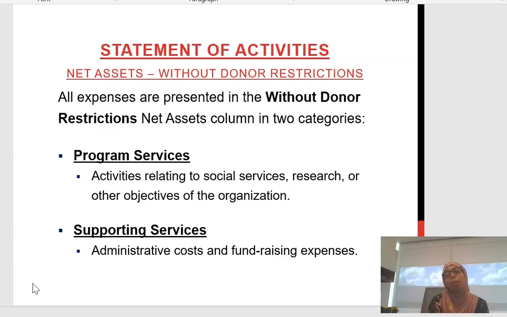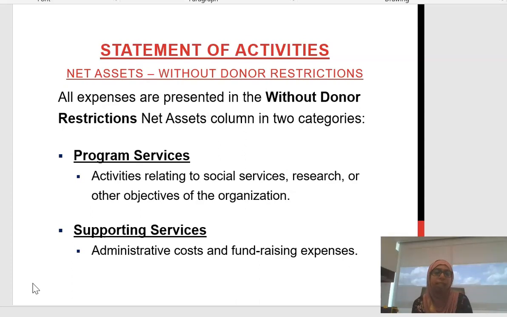On the other hand, supporting service expense means all other expenses except those mission-related activities, that could be any administrative cost or any fundraising expenses. Now, these categories are important because donors or any external users would like to know how much money they are spending on that great cause related to their mission versus how much money they are spending on other administrative costs and also fundraising expense.